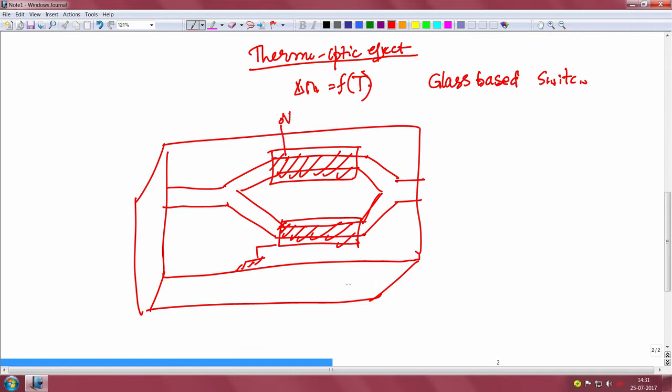Later on we would look at the technological issues, how you can form the waveguides in various substrates. In the case of glass, for example, you can form them by diffusing silver into glass. One of the typical processes for glass is called ion exchange. Silver ion exchange in glass is a typical process.